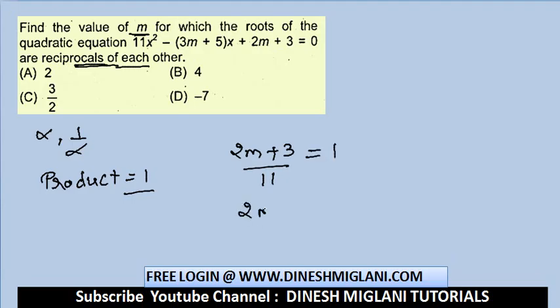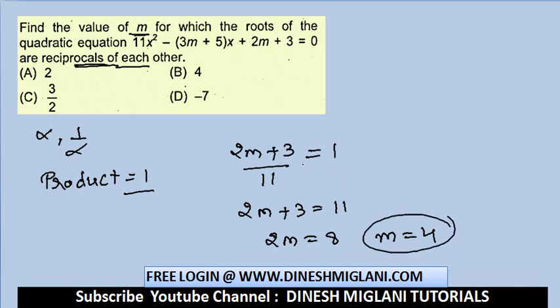So 2m plus 3 equals 11, so 2m equals 8, or m equals 4. The answer to your question is said to be B. Since the roots are reciprocal to each other, that is only possible when m is equal to 4. So that becomes your answer.